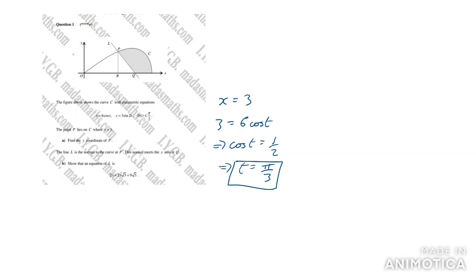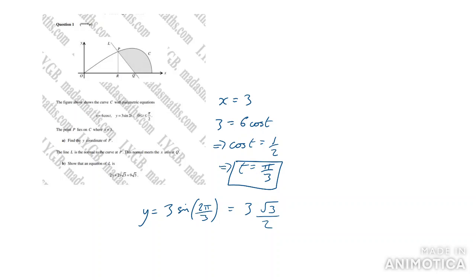Okay, and so y is equal to 3 sine of 2 pi by 3, which is the sine of 120, which is the same as sine 60. So I believe it's 3 lots of root 3 over 2. Okay, and so that's the y-coordinate of P.